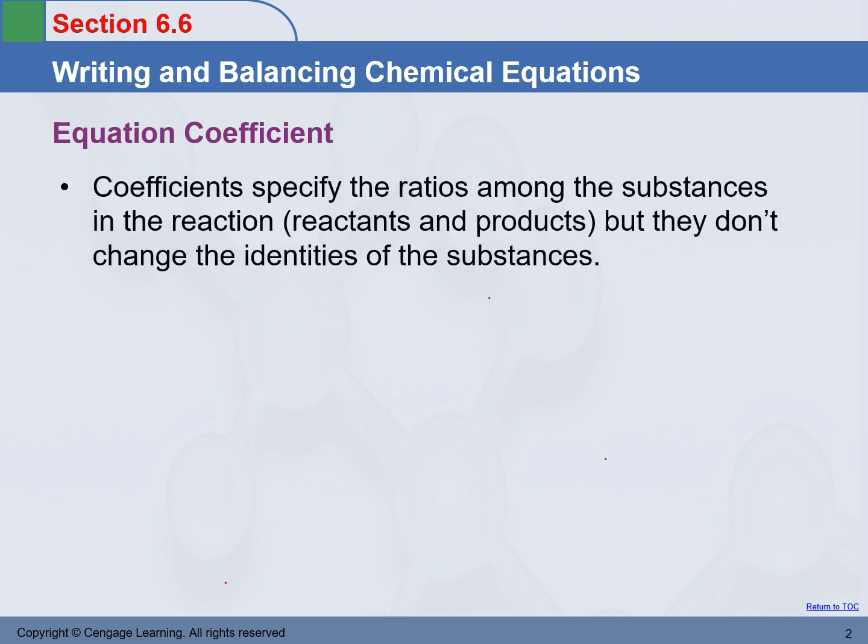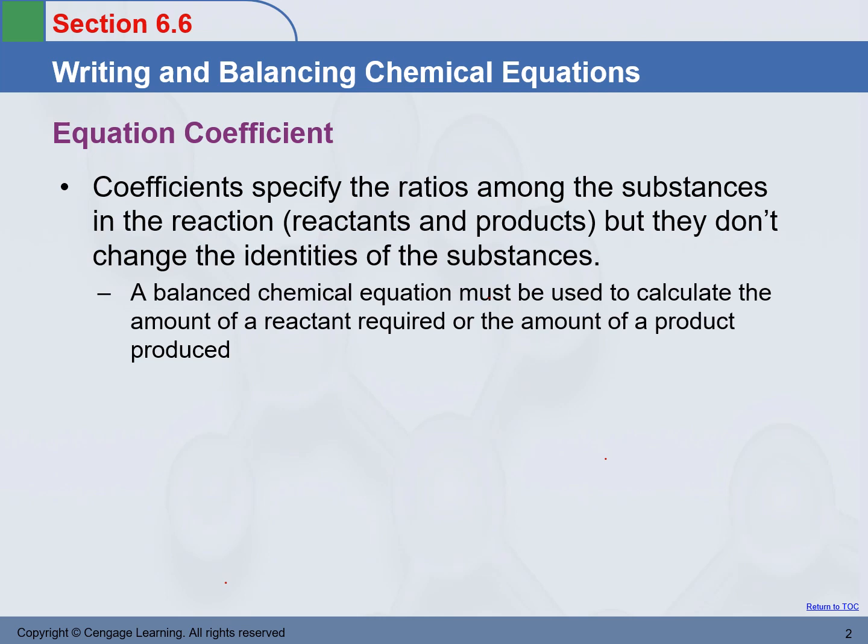The coefficients in the chemical reaction specify the ratios among the substances, be it a reactant or a product, but the coefficients do not change the identities of the substances. When we use a chemical reaction to do calculations later on, you must use a balanced chemical reaction.